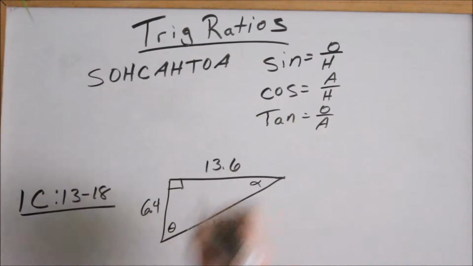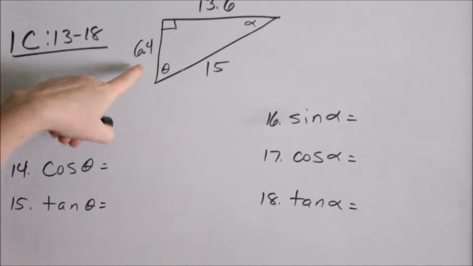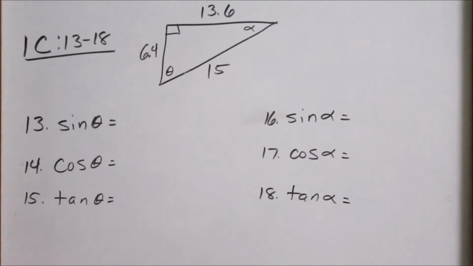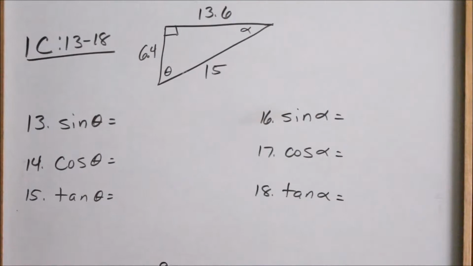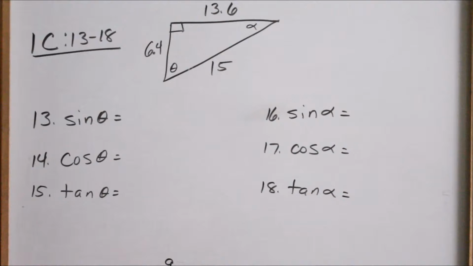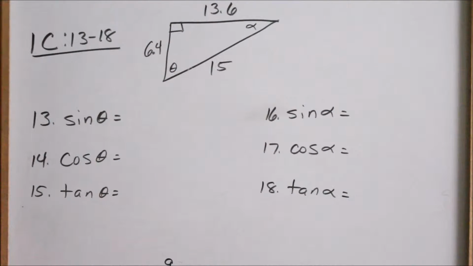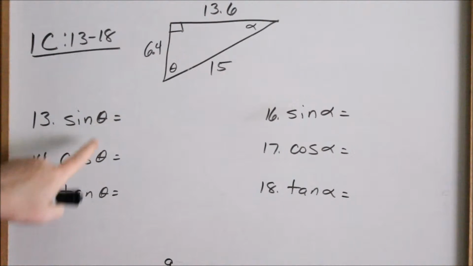Okay, so looking at 1C, we're looking at problems 13 through 18. You have this right triangle again. Sine, cosine, and tangent trig ratios can only be used with right triangles. You have to have a right triangle in order to use trig ratios. So in 13 through 15, first we're trying to find sine, cosine, and tangent of theta.